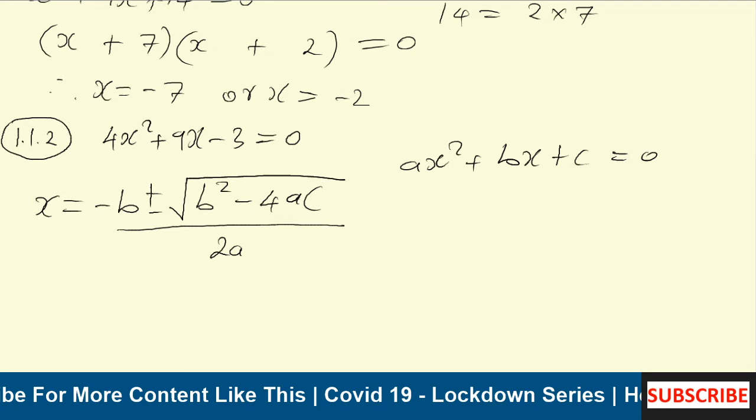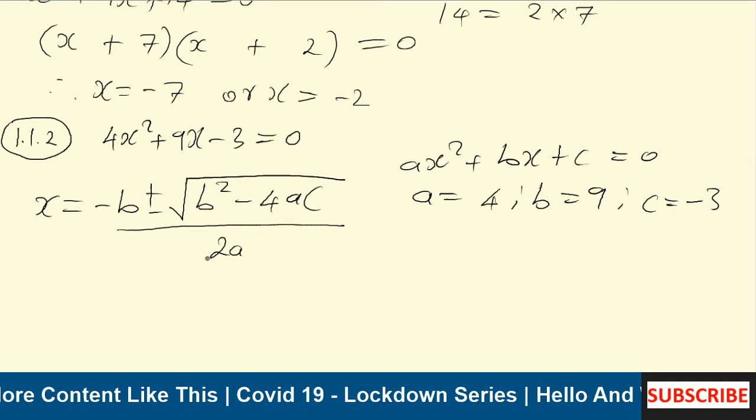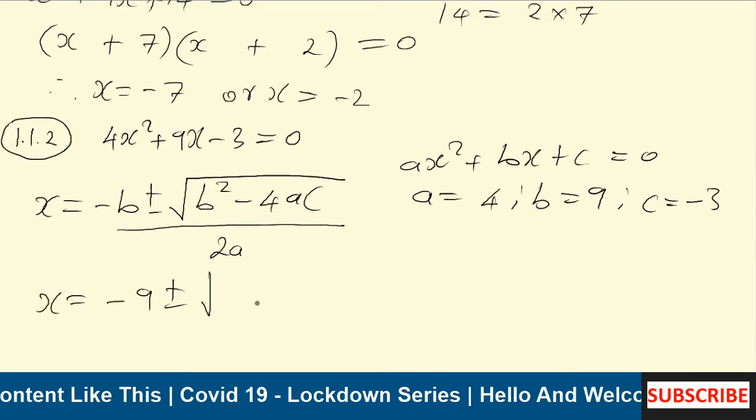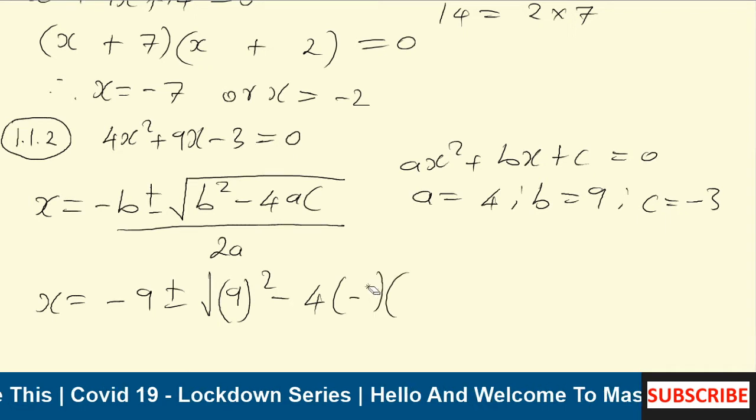So a is going to be 4, b is going to be 9, and c is going to be minus 3. Now we can substitute all these letters into this quadratic formula here. A is 4, and then c is minus 3.